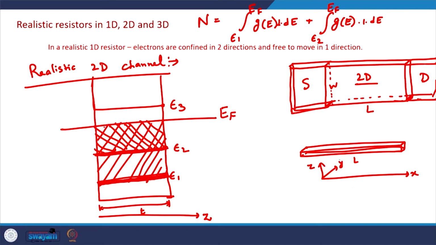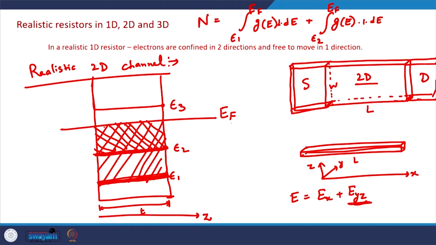The electrons are confined in y and z direction, and the total energy is Ex plus Eyz. Now this Eyz will be a discrete value, and that is what we essentially need to take into account.